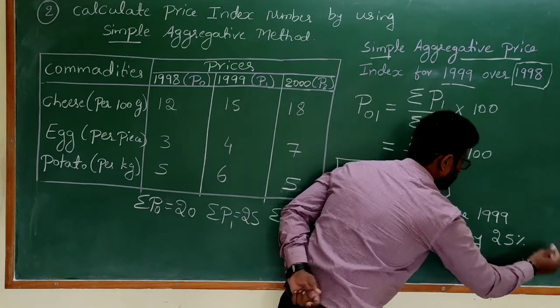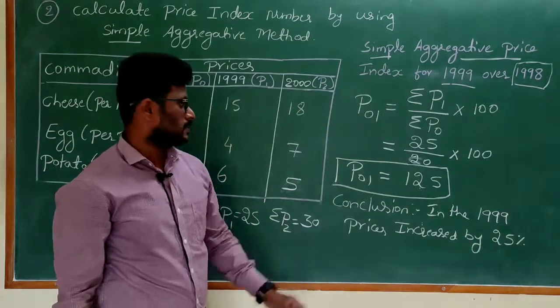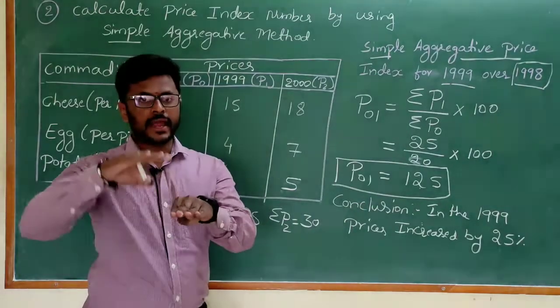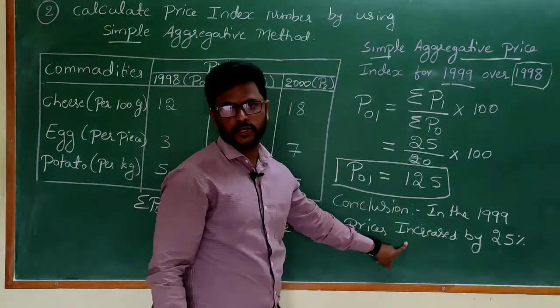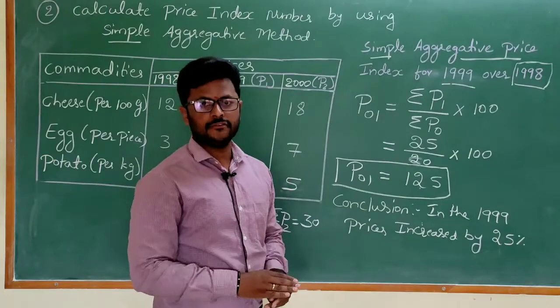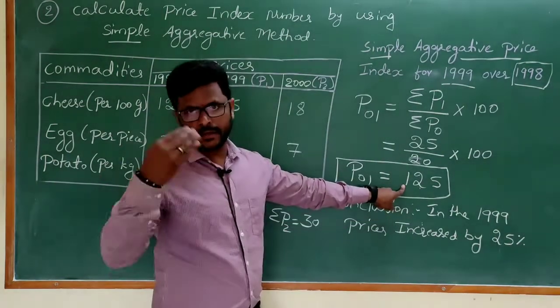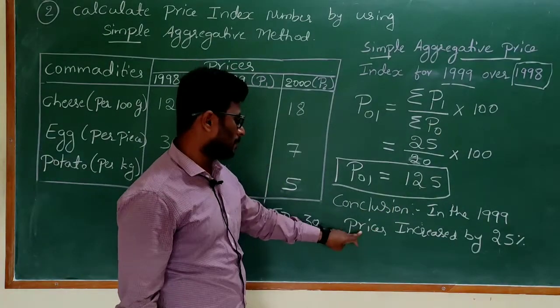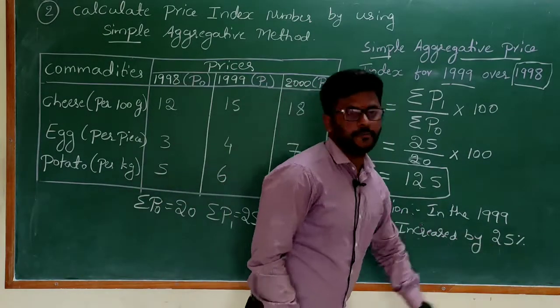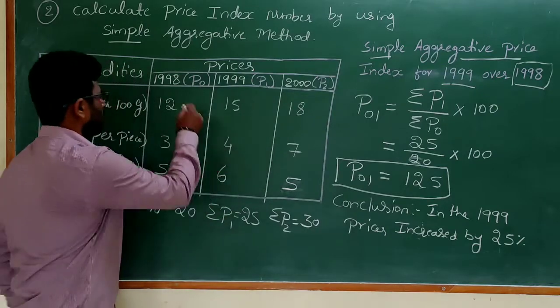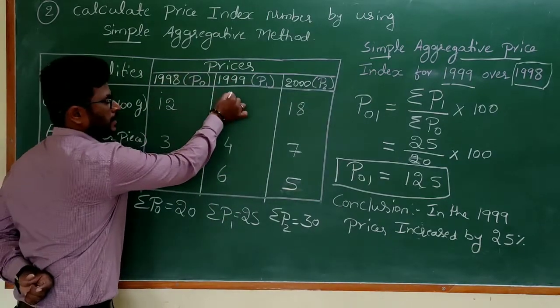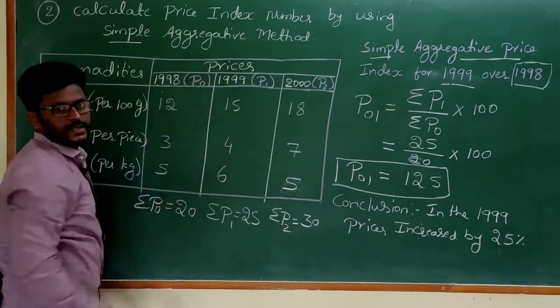We already discussed this in the last class. If you get more than 100 we can give an increased conclusion. If you get less than 100 we give a conclusion of decreased by. Here we got more than 100, so we can give the conclusion prices increased by 25%. That is the solution for base year 1998 and current year 1999.